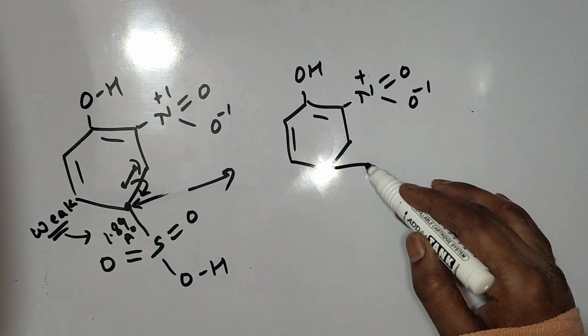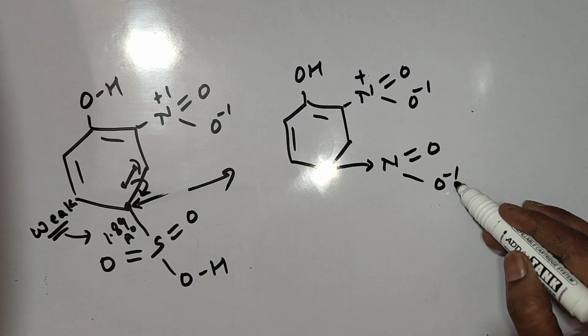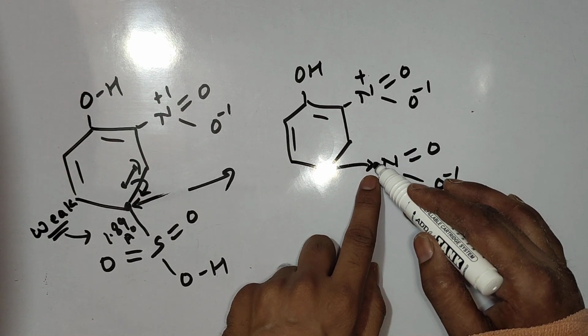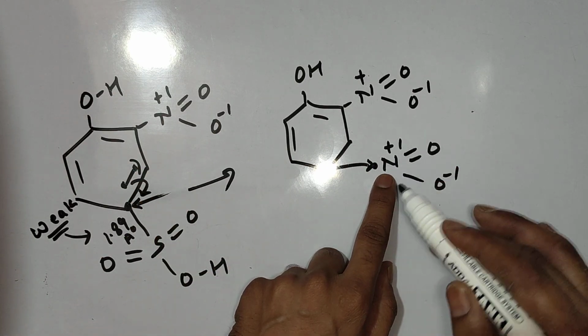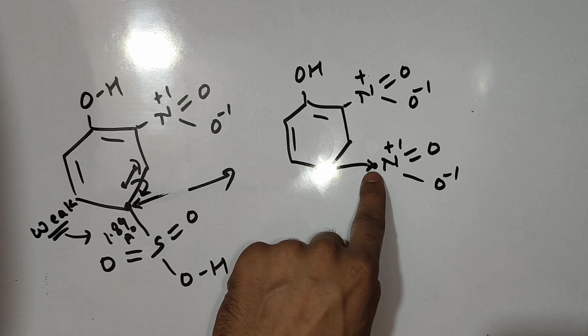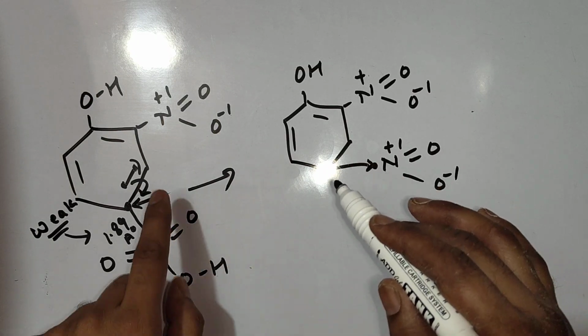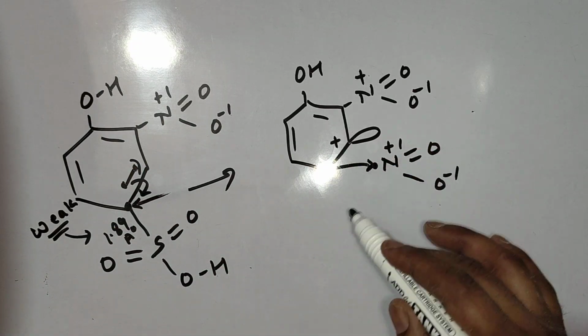Now nitrogen will get one electron. This electron will be transferred to nitrogen, so it will have a +1 charge. Initially it had a +2 charge; after gaining one electron completely, +1. And this carbon has lost its electrons, so a vacant orbital will come here with a positive charge.